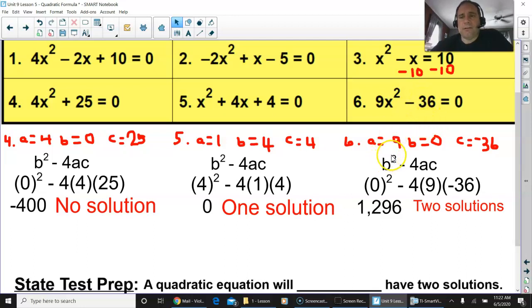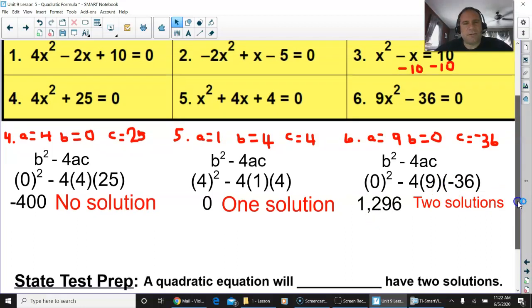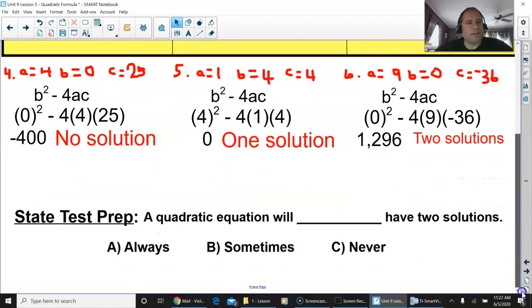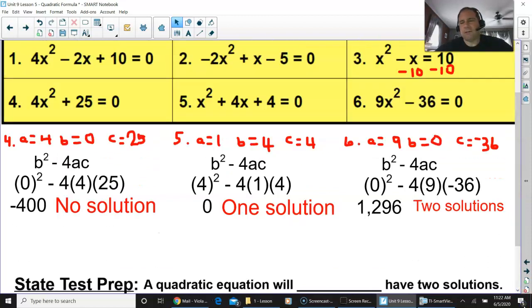You have B squared minus 4AC, so 0 squared, which is 0, minus 4 times A, which is 9, times negative 36, which is C. All of that in the calculator comes out to 1,296, and that is way greater than 0, so that means you have 2 solutions. All right, so the state test prep is on the bottom. Hopefully you got those correct and you understand what's going on with the discriminant.